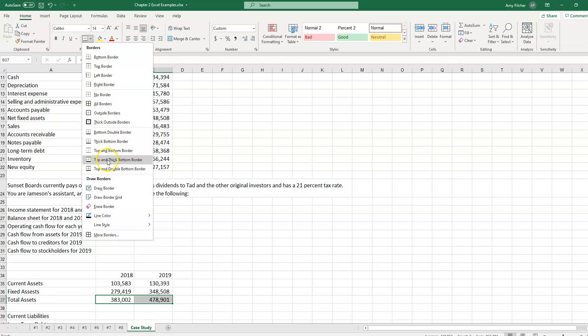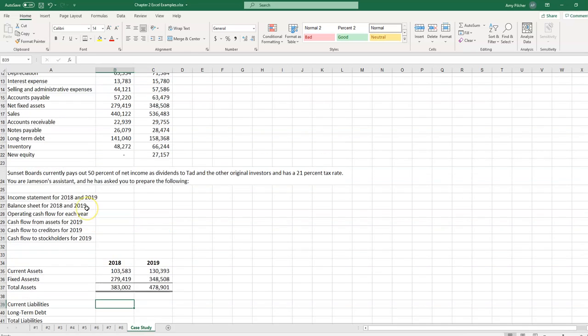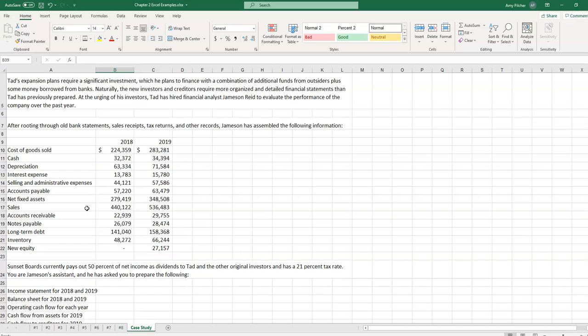And we're going to use good form for a balance sheet. Even though we're doing a summary balance sheet, we can still use good form. Next, we're going to get our current liabilities. Accounts payable, we know that's a current liability.